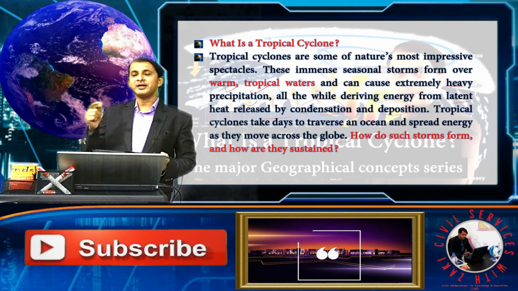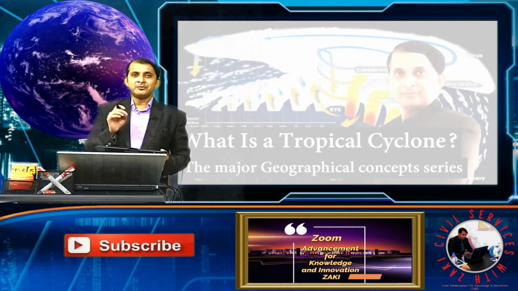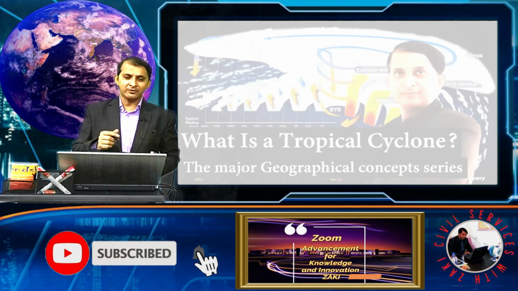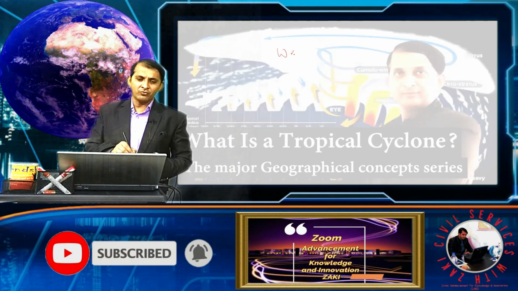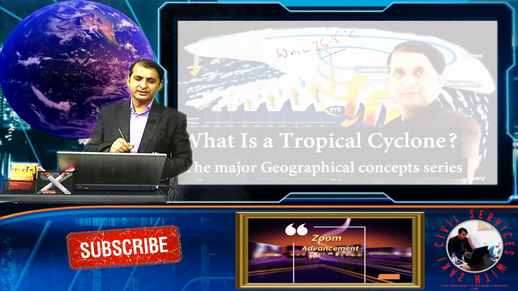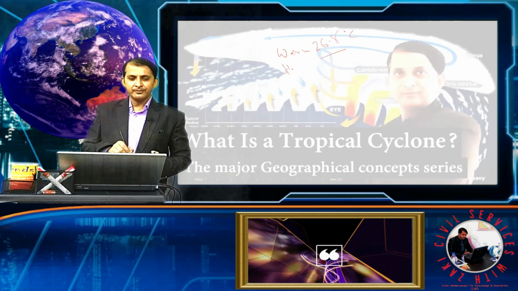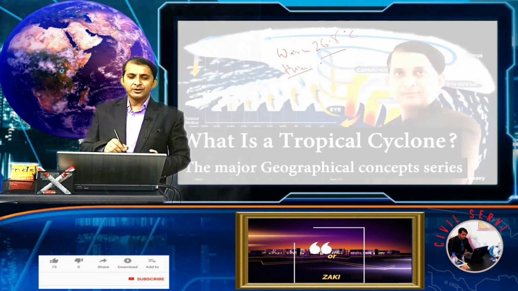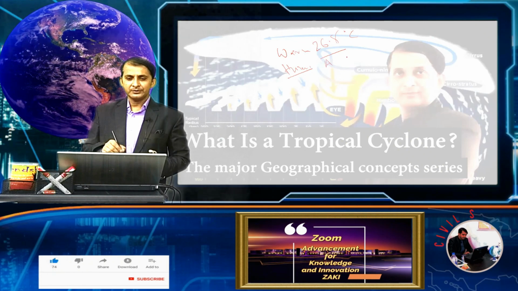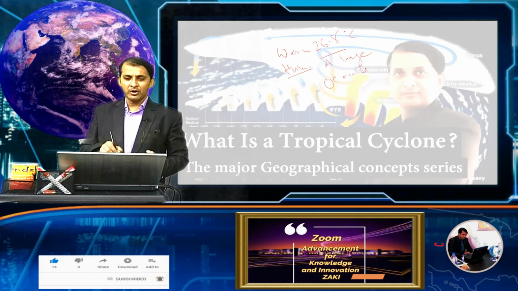So now we move forward and see. Three major things are needed for a tropical cyclone. Number one, warm water, approximately 26.5 degrees Celsius. Number two, humidity, meaning moist air over a large ocean body.